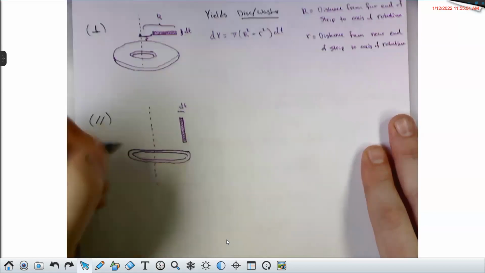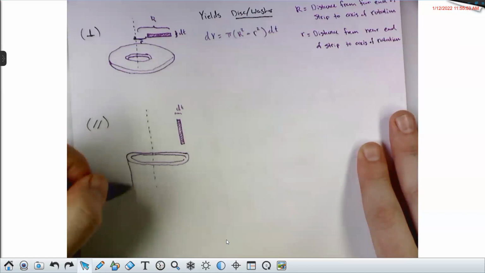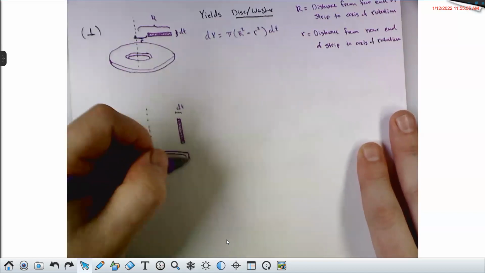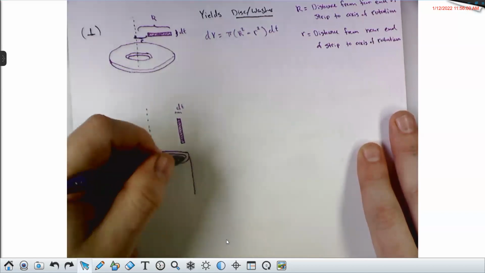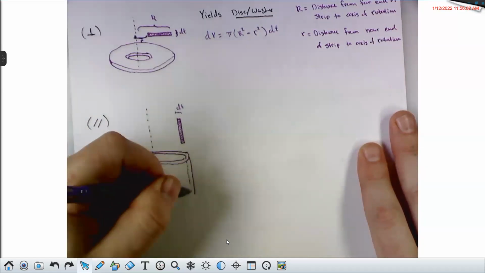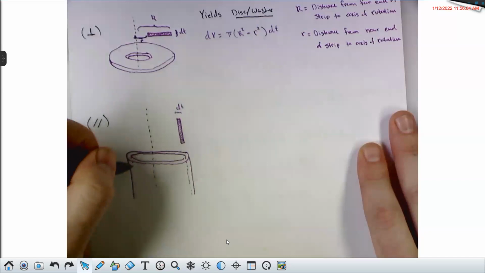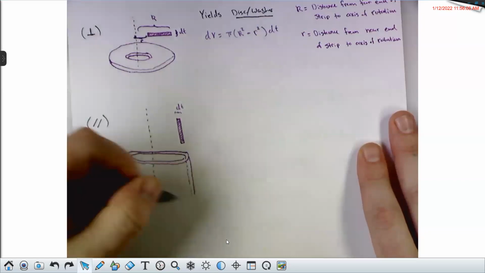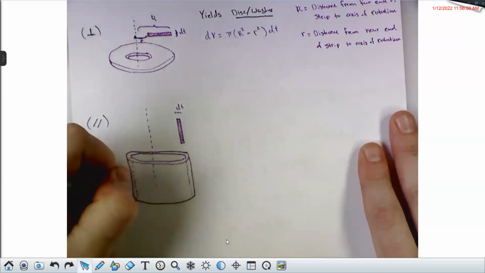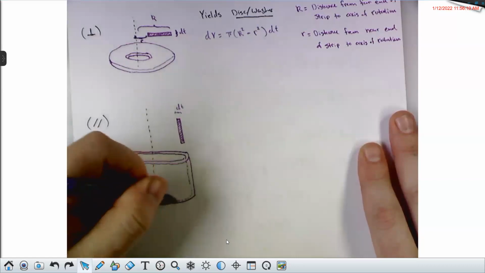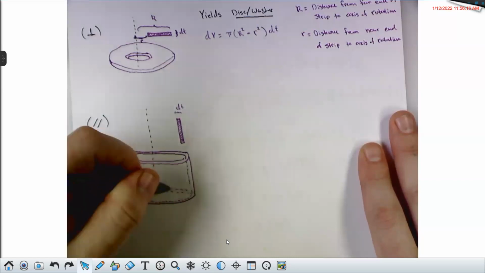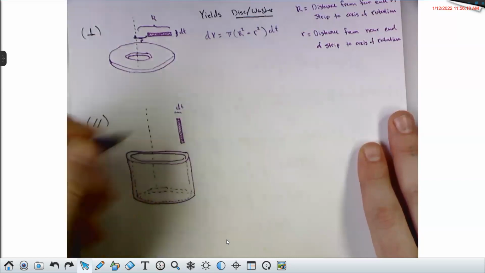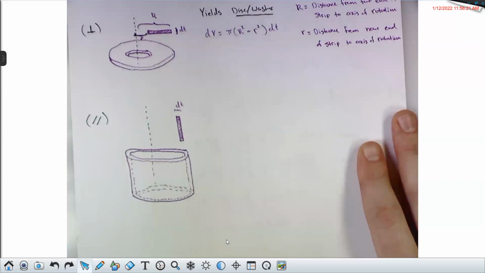My picture is pretty rough, but remember, these strips, we should think of them as being really infinitely narrow. So what you get here is what we call a cylindrical shell.